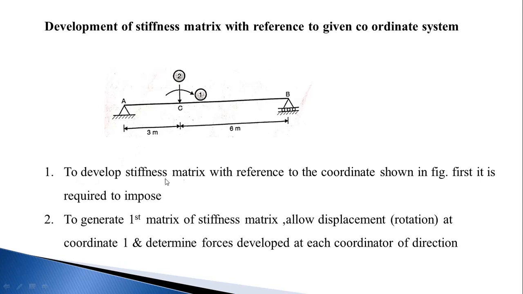To develop the stiffness matrix with reference to the coordinates shown in the figure, first it is required to impose restraint. To generate the first column of the stiffness matrix, allow displacement, that is rotation, at coordinate 1 and determine the force developed at each coordinate direction.